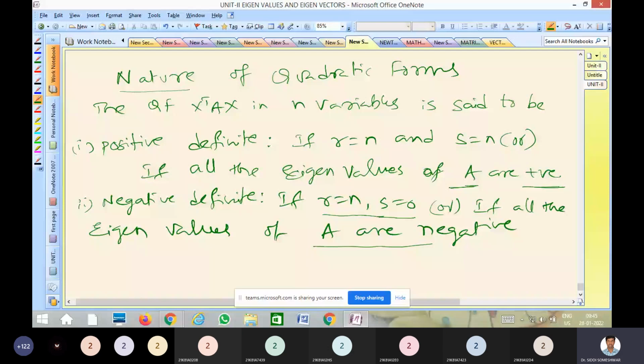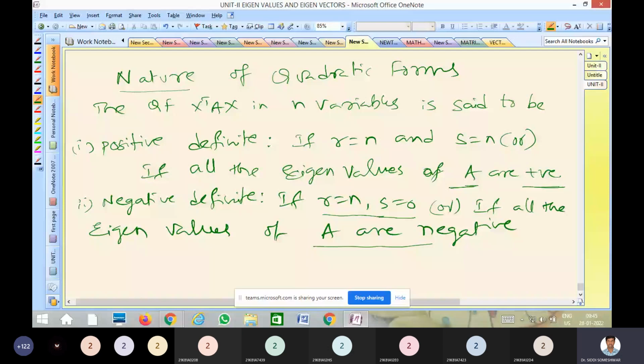So here the rank is less than n, the number of unknowns, and S equal to R. Rank and number of positive terms are the same here, but that is less than the number of unknowns. In that case we can say positive semi-definite.